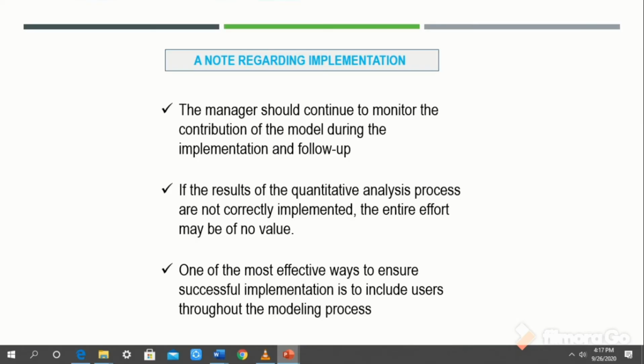After you implement it, the manager should continue to monitor the contribution of the model during the implementation and follow-up.